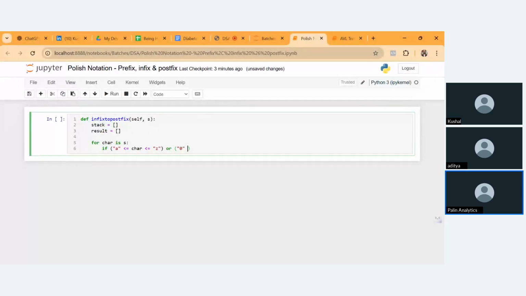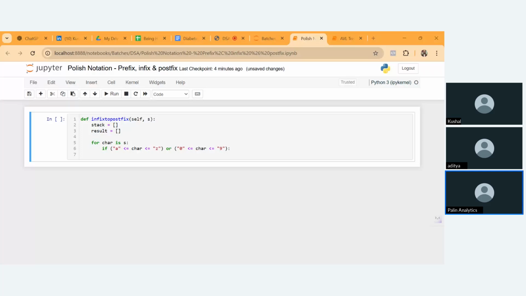Numbers also will be considered as characters only. We are not converting characters into numbers right now. Okay, so when any of these is there, we'll append that into the result. So result dot append, and we'll add that.